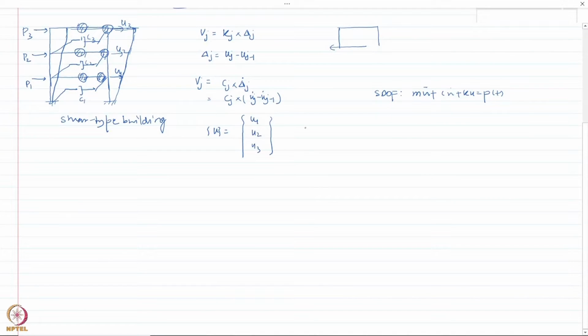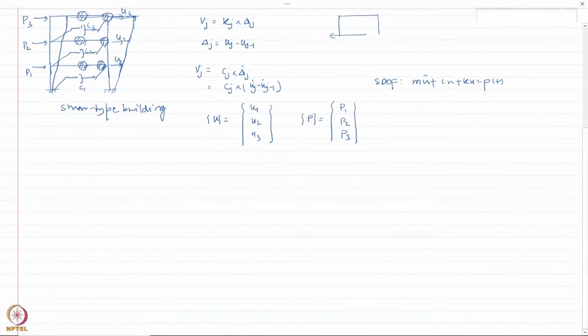Similarly, the force P, the applied force, can be represented as another vector P1, P2, P3. Okay, and how do we write it? It depends on where the forces are being applied or where the degrees of freedom are being defined. So U and P are written like that.